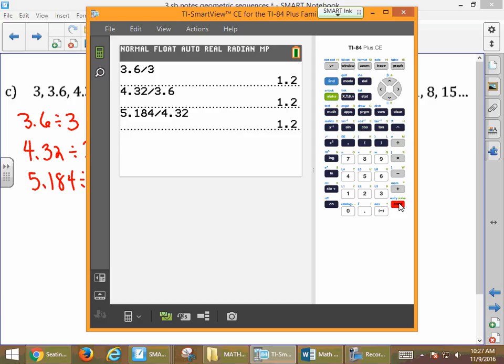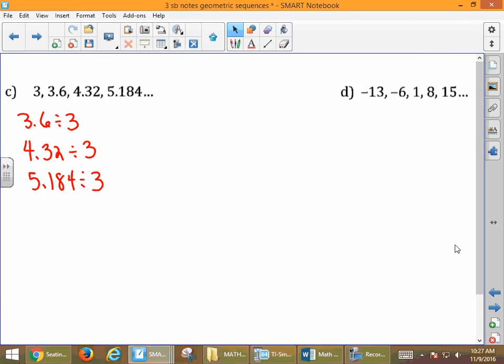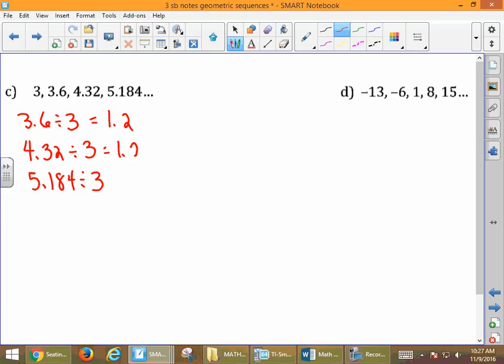And we ended up with the same value all 3 times, of 1.2. And because we went through a division process with that, we're going to get geometric. Our common ratio is 1.2.